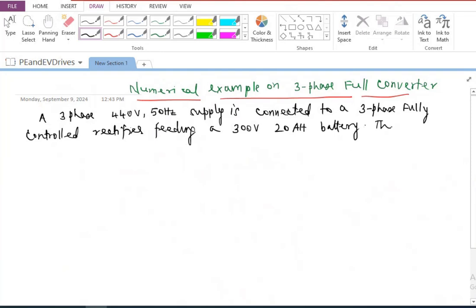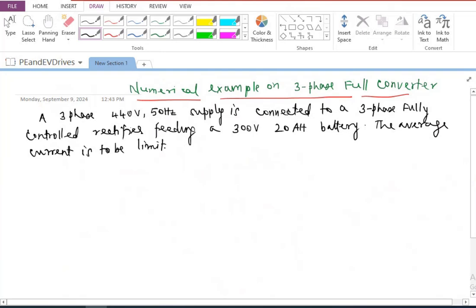The average current is to be limited to 15 ampere.